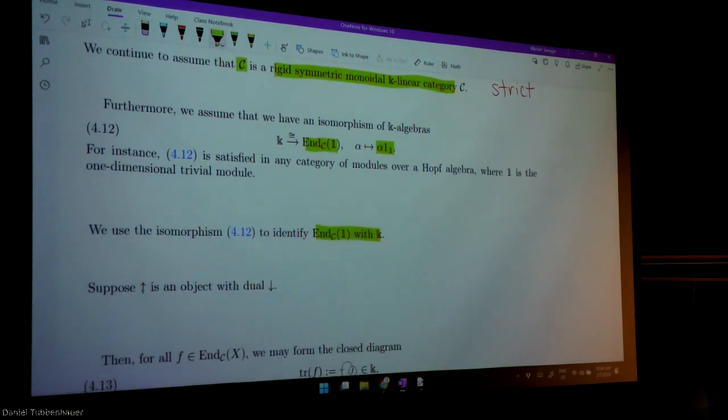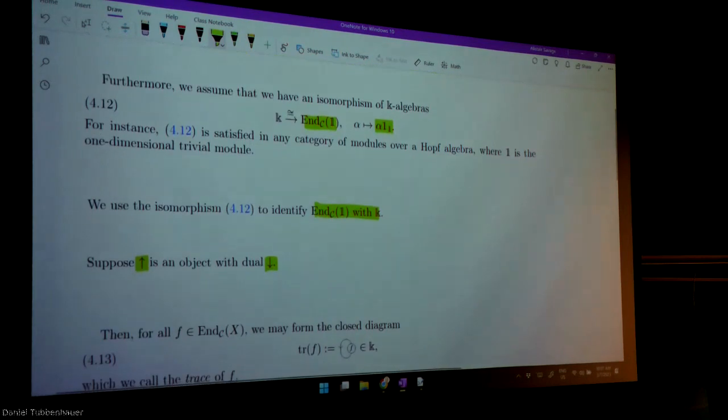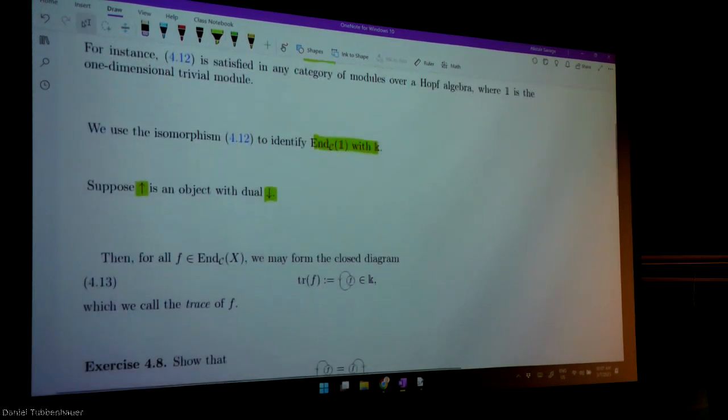Okay, so let's suppose we have some object up arrow, and it's got a dual down arrow. Since we're in a symmetric monoidal category, I'm no longer saying left dual or right dual, because it's both left and right dual. So let's think about pictures we can form with this.